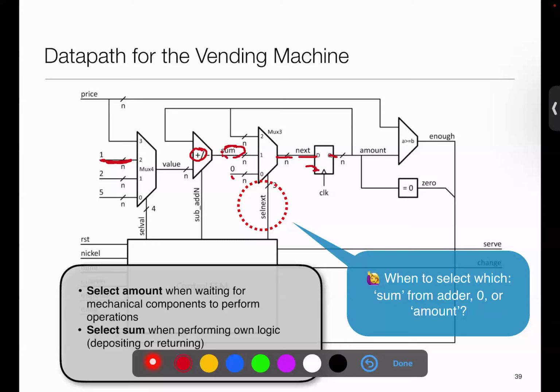If the user were to dispense, then I'm going to select the price, I'm going to select subtract, and then do this. So for every operation that we need to do, there will be some combination of these three signals which will let us do the task, and it's your job to make sure that that's happening. Enough and 0 are always available. There's nothing we need to control out there.